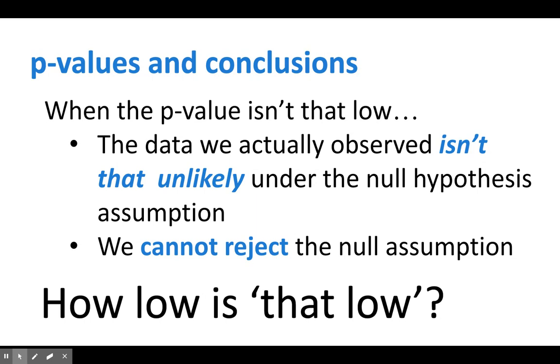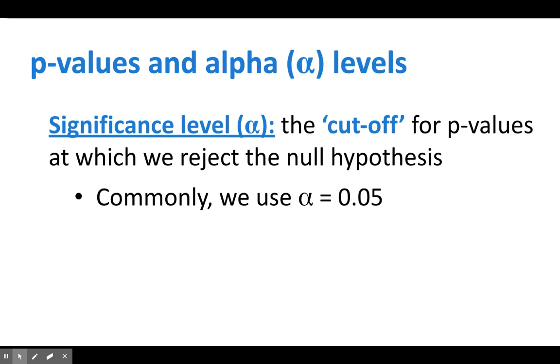So now we're going to look at how low is low enough. This is where we have alpha levels. The symbol for alpha is this weird looking A, and this is the symbol for significance level. The reason it gets this name is that it's the p-value that is statistically significant enough to reject the null.